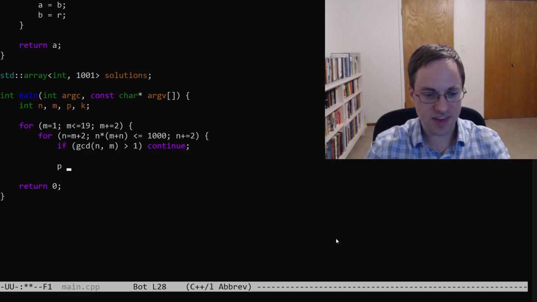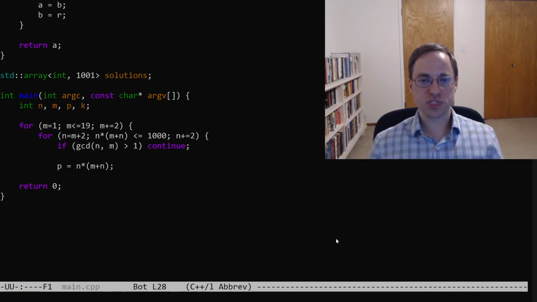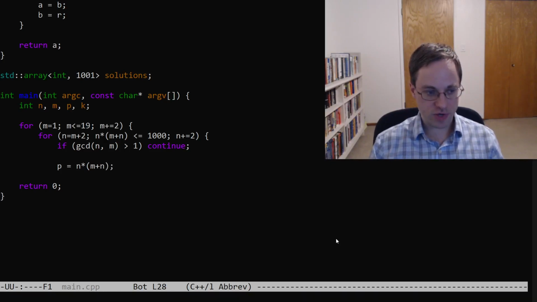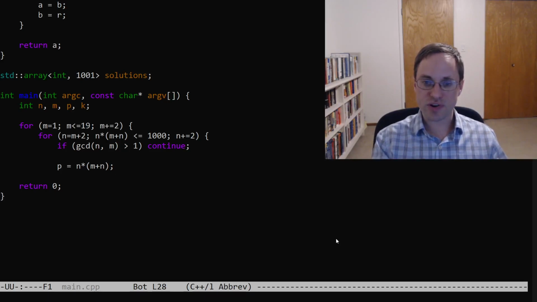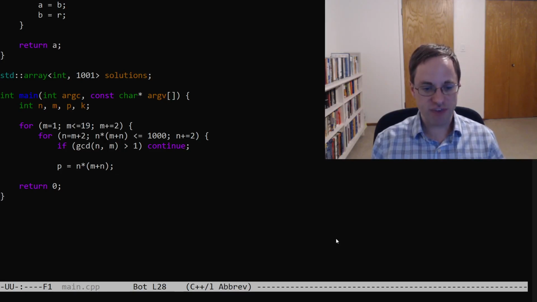And then let's say the perimeter is going to be equal to n times m plus n. This is the perimeter that corresponds to the primitive Pythagorean triple. You'll note that as we scale the primitive Pythagorean triple, the perimeter itself will scale by the same factor.